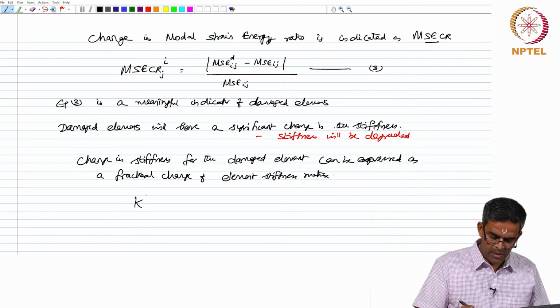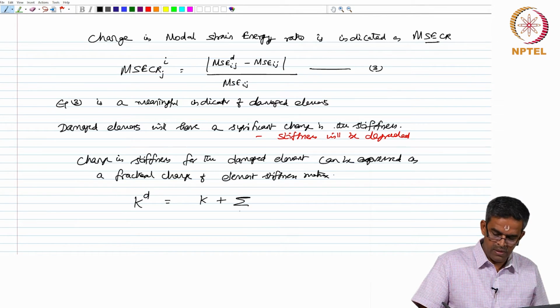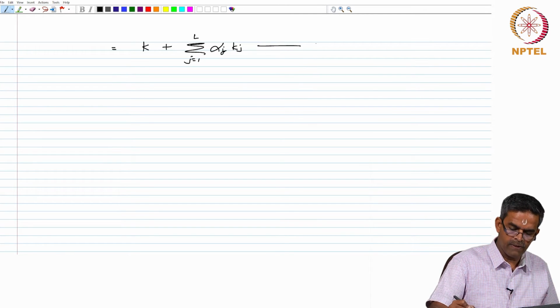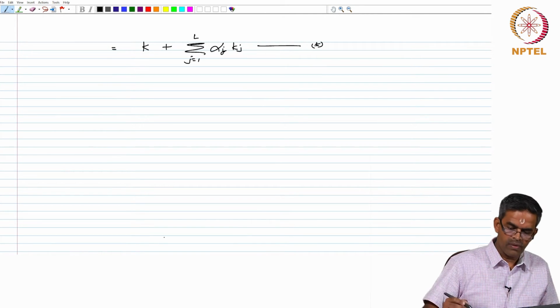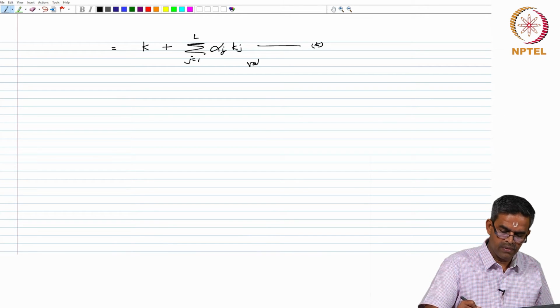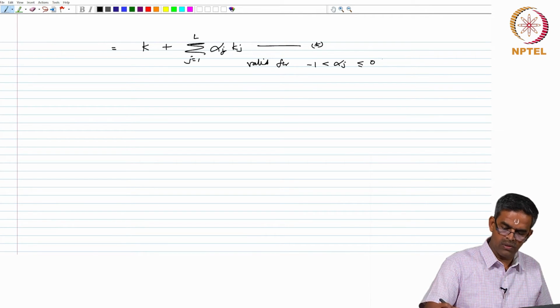So, this is given by the damaged K is given by K plus summation J equals 1 to L delta Kj, which is equal to K plus summation 1 to L alpha j Kj. This is valid for minus 1 less than alpha j less than or equal to 0.